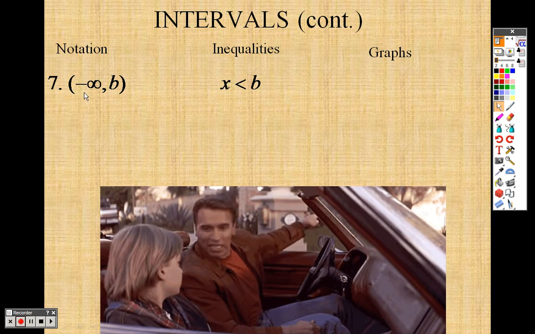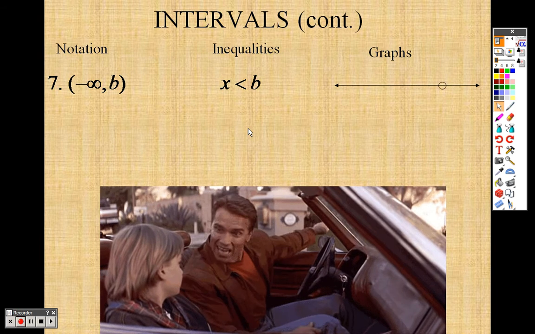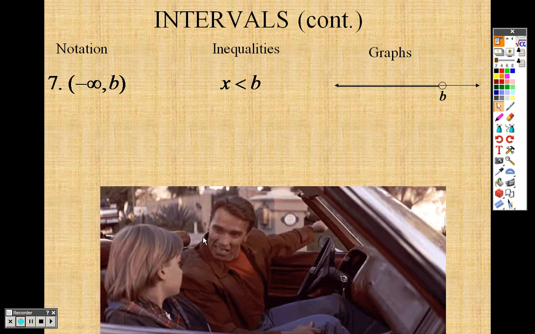And whenever you're writing these new notations, these new intervals, it always goes from the lowest number to the highest number. Always, always, always. So keep that in mind. So when we're graphing this, we got B there, and it goes the whole way down to negative infinity. And notice how I shaded everything down that way.